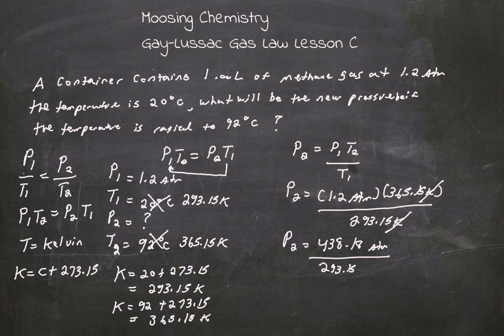I think my calculator just messed up. Hang on, guys. Okay, so let's see here. Divided by 293.15. And this gives me 1.49 atmospheres. And guess what? We're done.